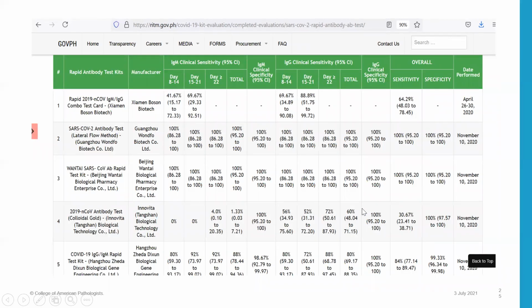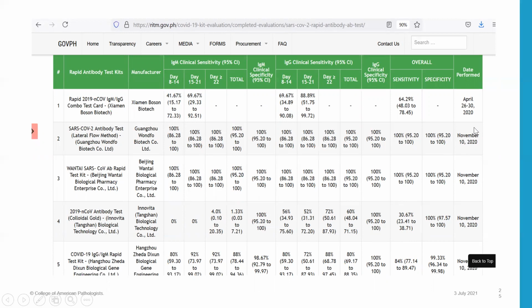And also you have the rapid antibody test. We're more familiar with this one because this is point of care, and you can see that there's really a battery of tests being done, whether it can detect at the early, mid, or later stage of the infection, whether it can detect IgG or IgM, and what is the specificity.